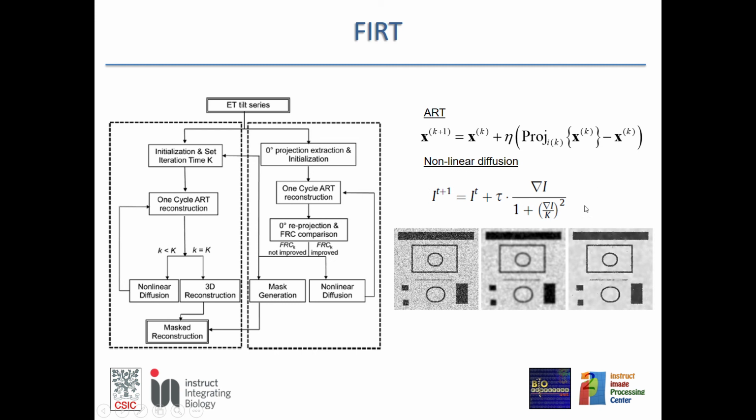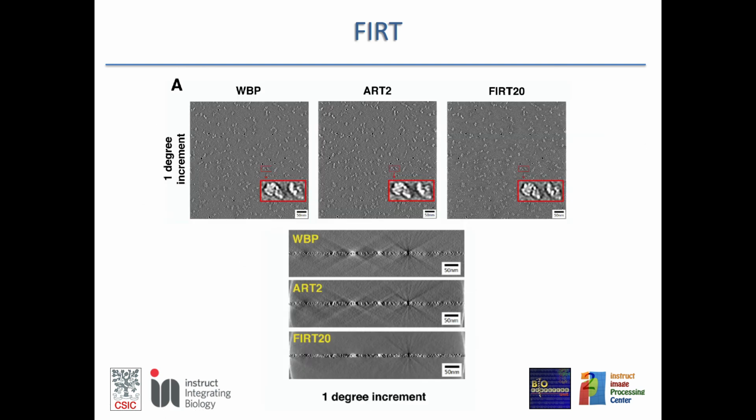In this particular paper, they used nonlinear diffusion, applying 3D reconstruction, then denoising, then 3D reconstruction, then denoising, and you iteratively go that way. Again, they show that with this they have much better reconstructions and much fewer artifacts.